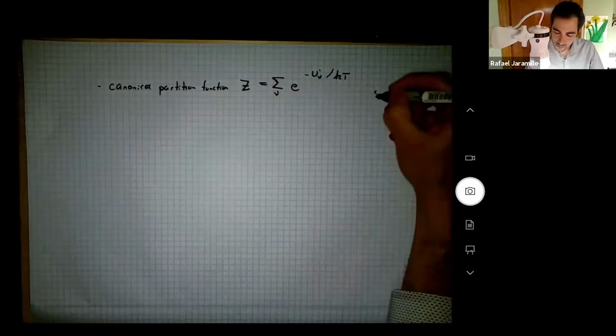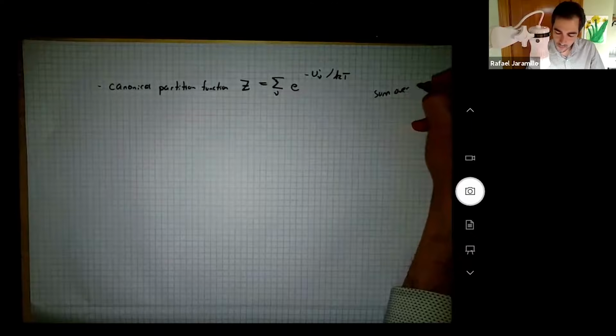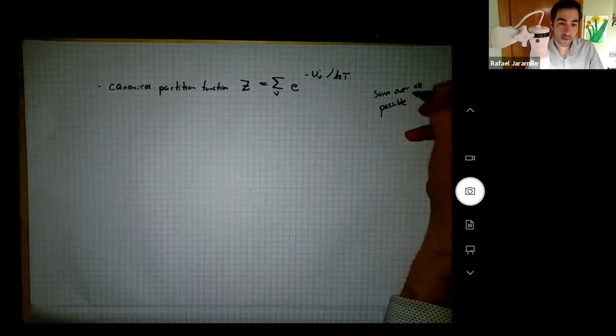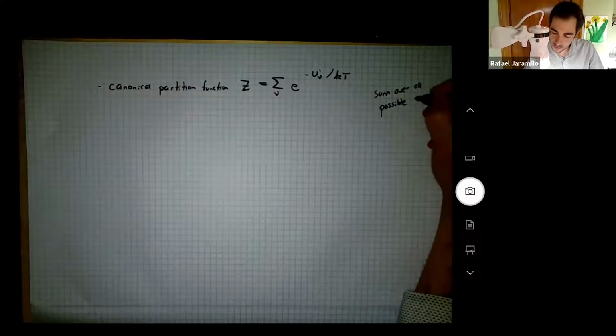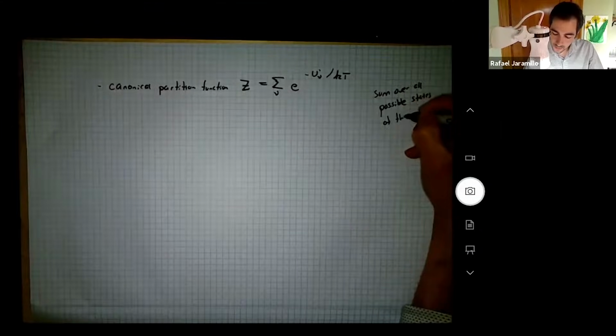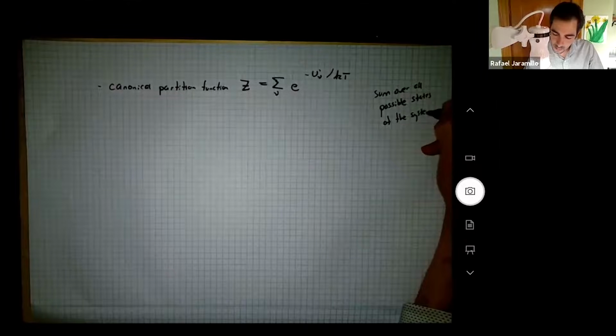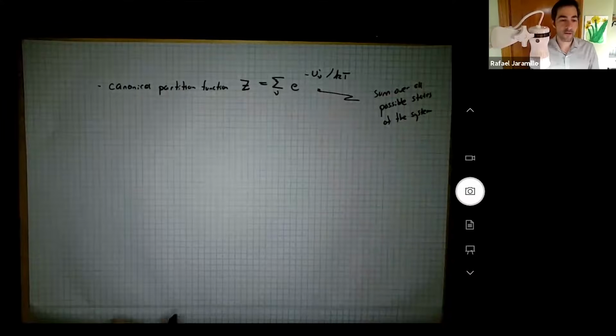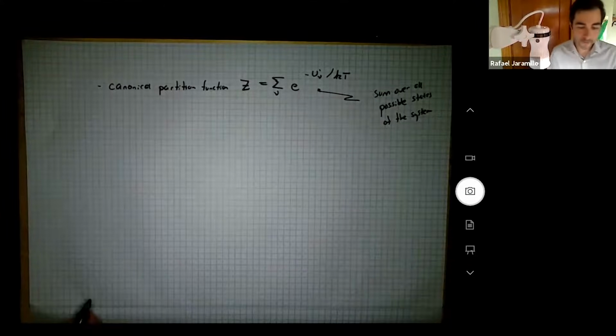Sum over all possible states of the system. So it's distinct from before when we were summing over single particle states.